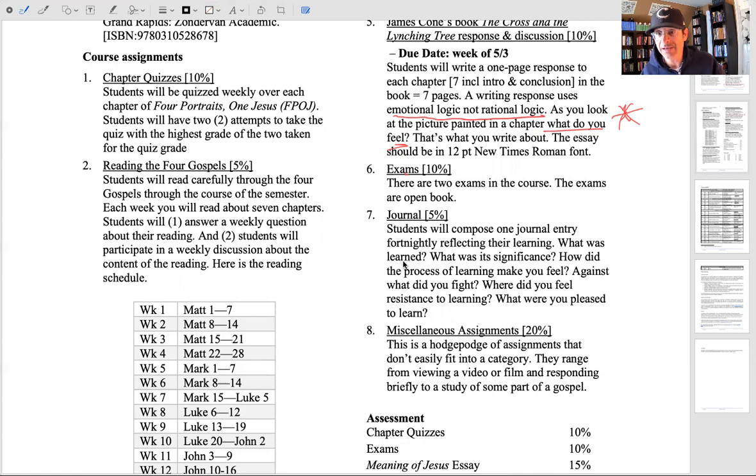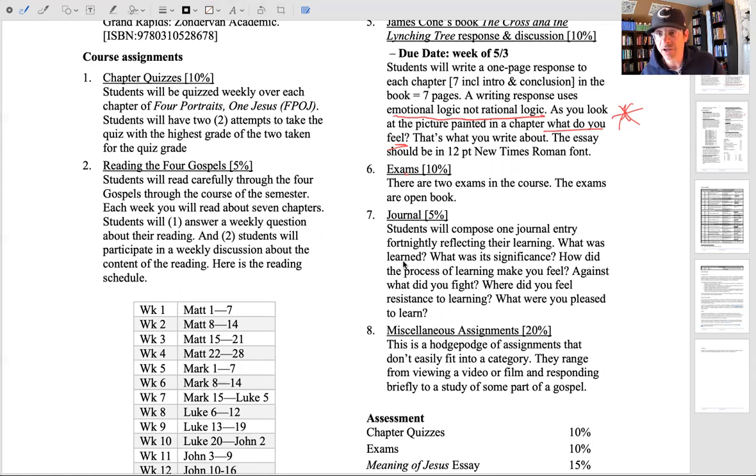The main idea is what was learned, what was its significance. You're writing about your learning experience. And that doesn't necessarily mean content. It's your learning that you're interested in thinking about. Of course, you can focus on content, but it's not a summary place.